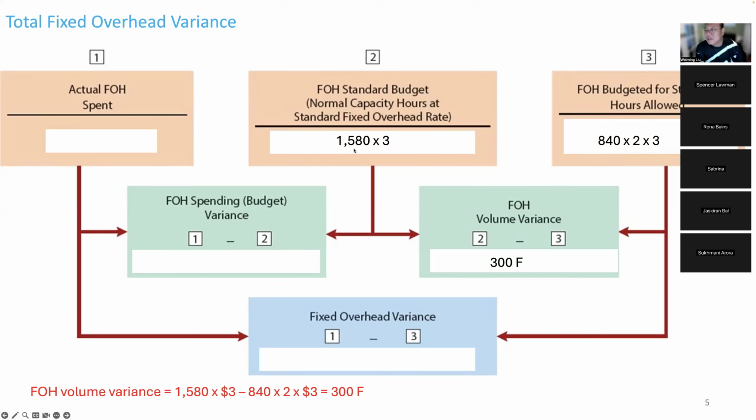So for that month of May, you have more direct labor hours capacity available. You have 100 more hours available. Then you multiply by the rate of $3 per direct labor hour, so that's the $300.